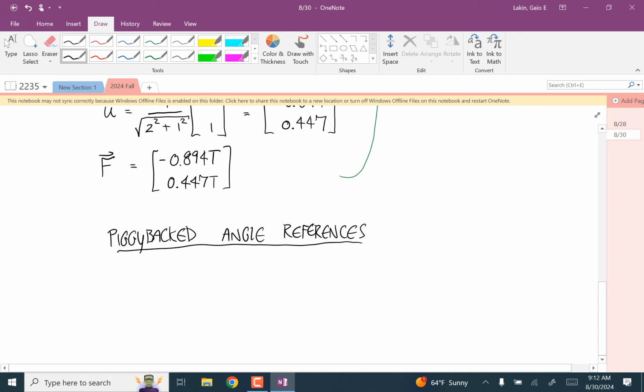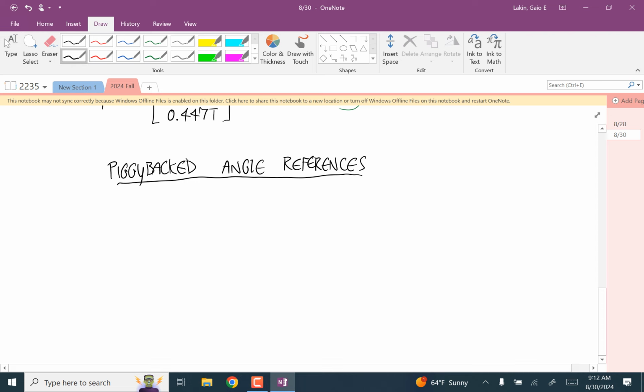But here's the idea. Let's say that we have a wall and there's a slot here. Let me make that a little shallower. Okay, so you got this slot, and there's an angle between the wall and the slot of 70 degrees.